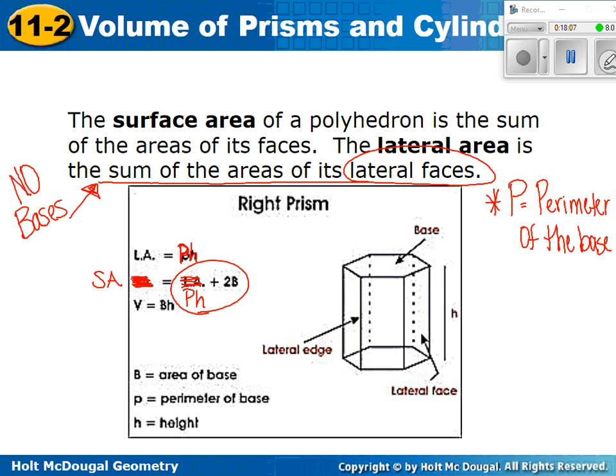It's not another formula you have to memorize because it's in your surface area formula. If you want to find just the lateral area, don't include the bases. If you want to find the whole surface area, include the bases. Does that make sense? Okay, we're ready to try some problems.